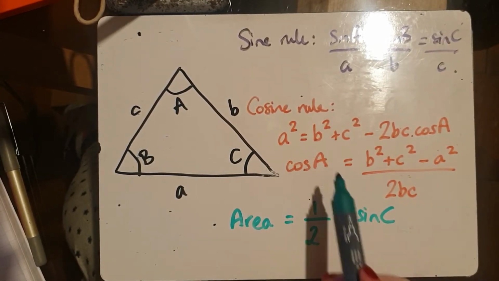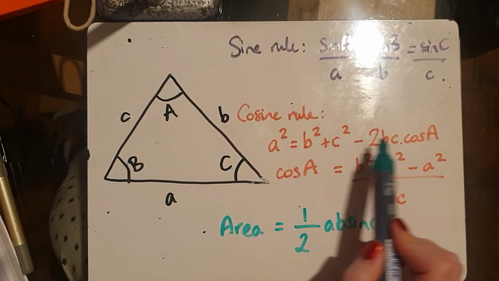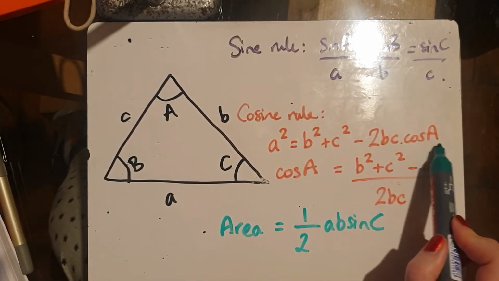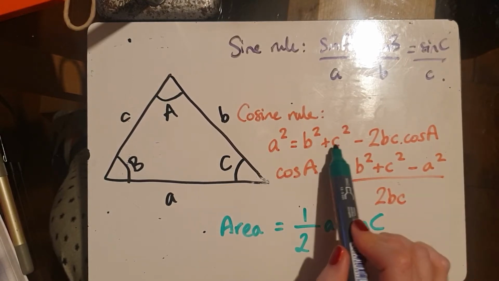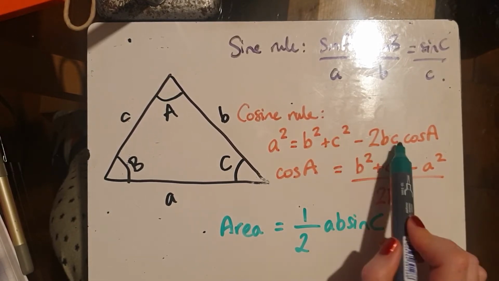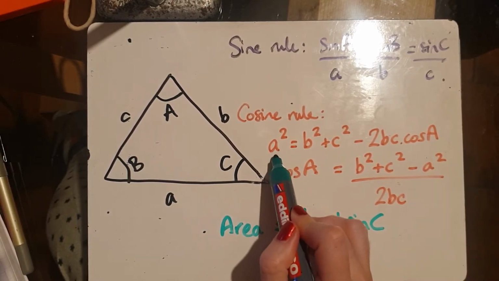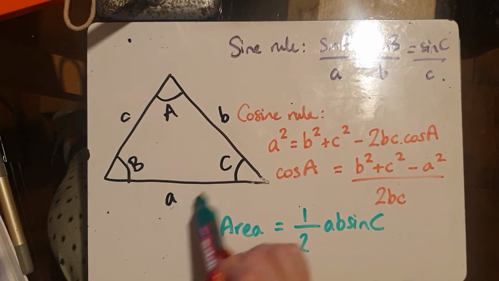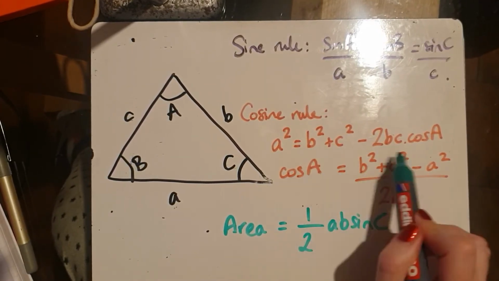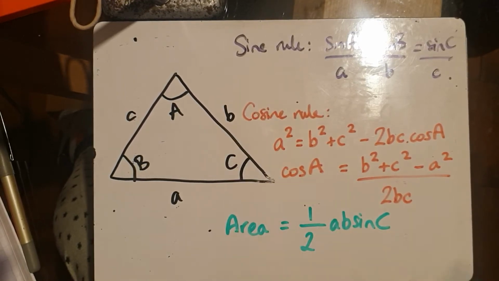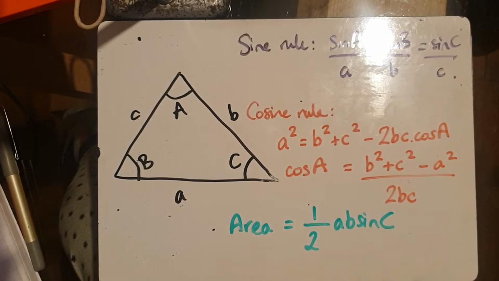This one, however, you could make this b squared, and then you would just replace the b's on this side with a's and this angle with angle B. You could make it c squared, and then you'd replace the c's on this side with a's and angle A with C. So it doesn't necessarily have to be side a that you find. You can replace this with b and then swap in the a's on this side if you want to find side b, or you can just relabel the triangle that you're working with so that it will fit this formula.